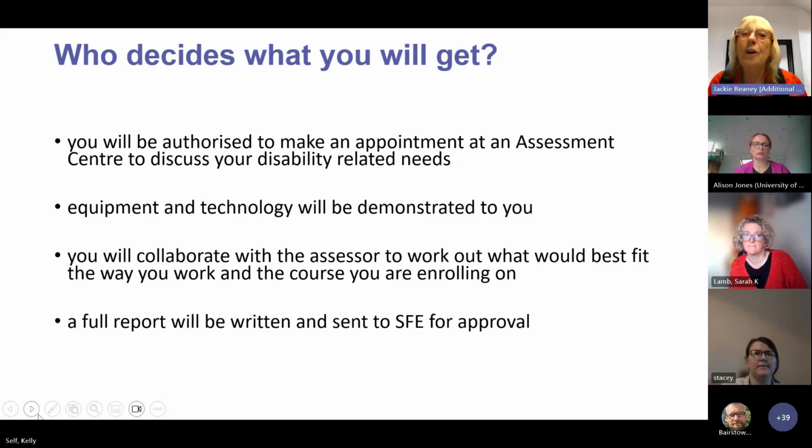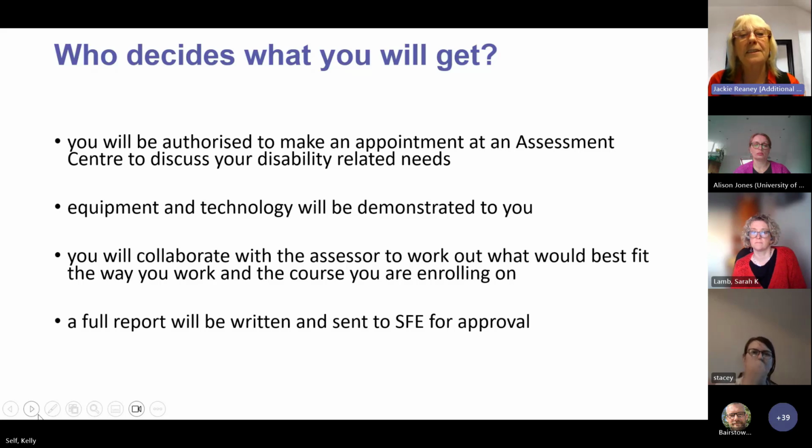The one used in the northern part of the country is called Study Tech, and the one used in the southern part of the country is called Capita. You can't have the assessment until Student Finance are happy that your evidence is accountable and matches what you might need in terms of interacting with the course.